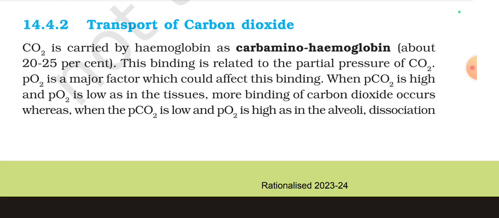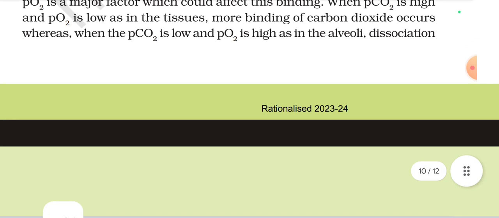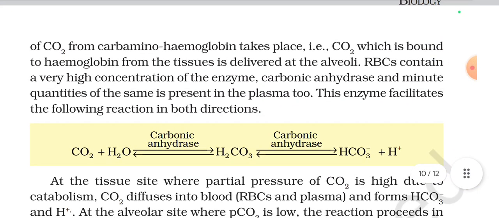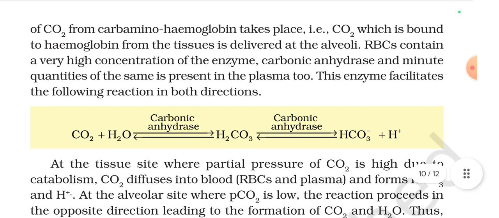When PCO2 is high and PO2 is low, as in the tissues, more binding of carbon dioxide occurs, whereas when the PCO2 is low and PO2 is high, as in the alveoli, dissociation of CO2 from carbaminohemoglobin takes place. That is, CO2 which is bound to hemoglobin from the tissues is delivered at the alveoli.